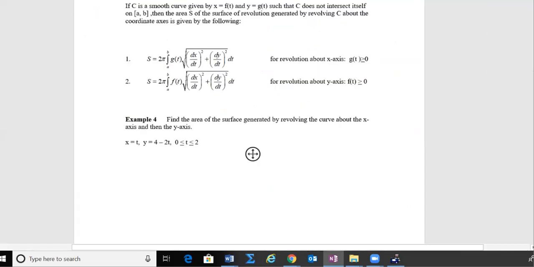Now, just like we did with converting that arc length integral in xy in the rectangular coordinate system, just like we converted that, we can also convert this guy, the surface area of a surface of revolution. Okay, we'll say this is a to b.